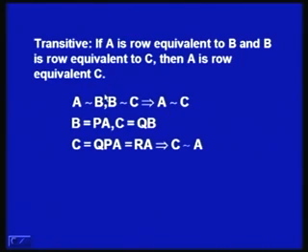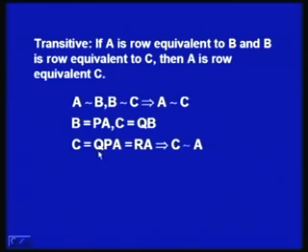To prove this, let us say A is equivalent to B means there exists a matrix P such that B is equal to P A. Now, B equivalent to C means there exists a matrix Q such that C is equal to QB. Now, if I write B is equal to PA, then C is equal to QP into A. What is QP?